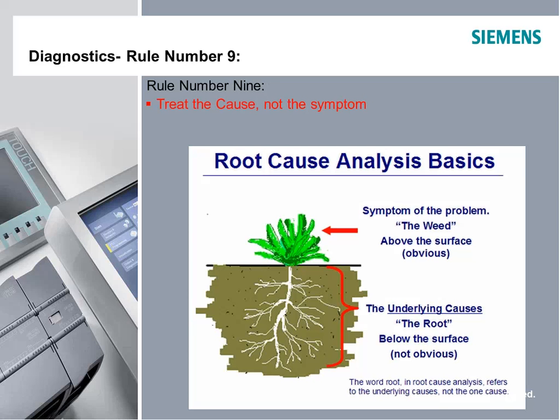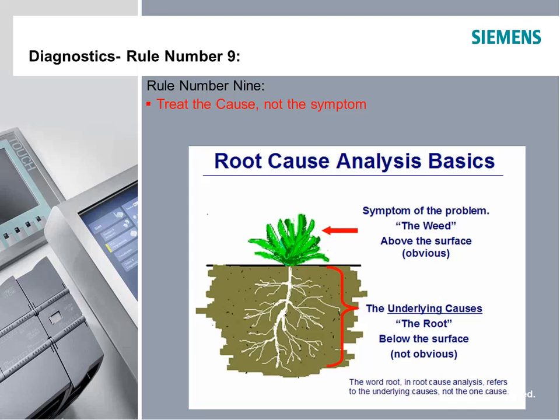Okay, and now we're kind of getting into the nitty-gritty of diagnostics, and one of the main things to think about here are root causes versus symptoms. And typically symptoms are what people treat, and it's the easiest thing to try to fix. I mean, certainly if, like I said, the light bulb's out, then you're going to go put a new light bulb in.